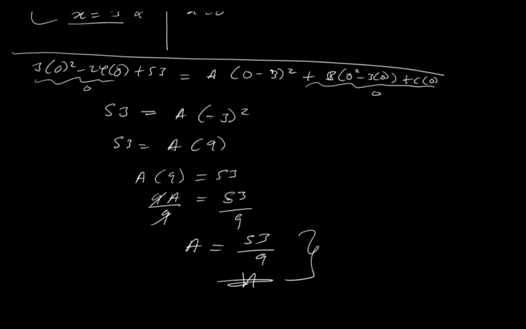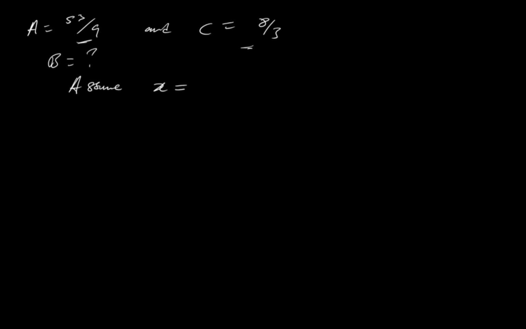Now let's try and solve for b. Since we know the values, we know that a is equal to 53 over what? 9. And we also know that c is equal to what? 8 over 3. So let us solve for what? b. How are you going to solve for b? Since we know these values, let's assume x to be anything. So let's assume x to be equal to 1.